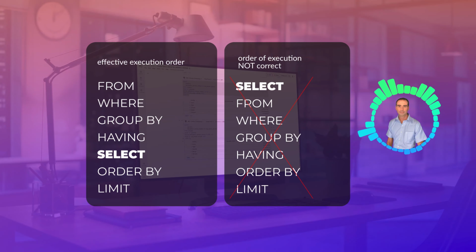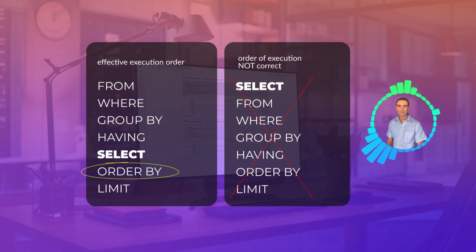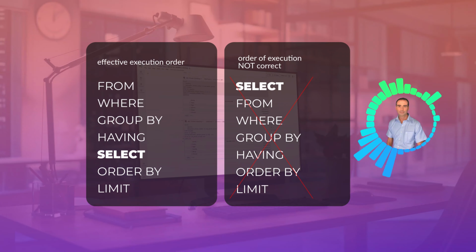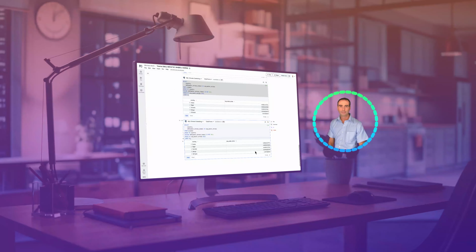This explains why having cannot use aliases, while order by can. Order by is executed after select, when aliases have already been defined. This understanding of execution order also explains why having is used in conjunction with group by to apply conditions on aggregated data, while where cannot do so.